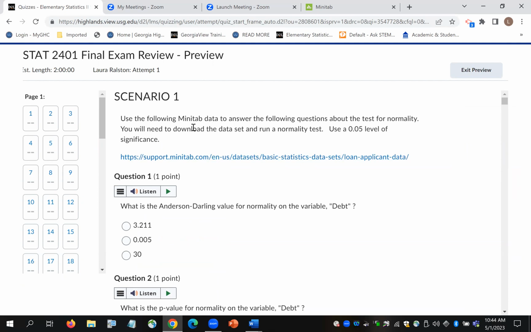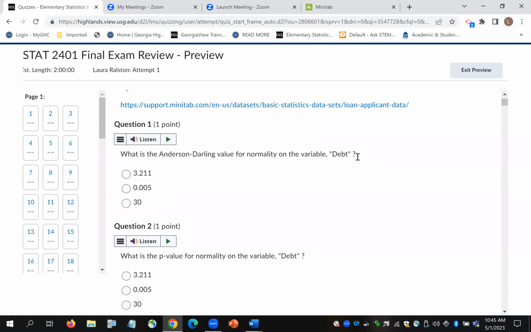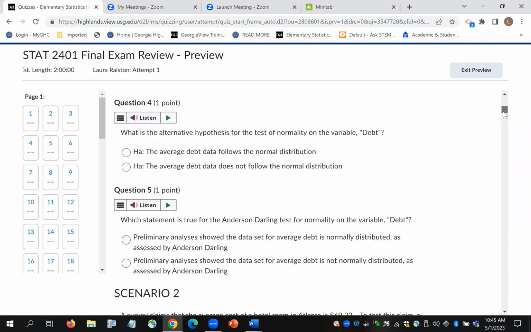It says a test for normality, and it gives you a data set. You can pull that data set into Minitab, and it asks you to do Anderson-Darling normality for debt. You have to pay attention to the words. This one asks about debt; I may ask you on the final exam about income. I really don't know what the final exam one says, but it will be a similar question.